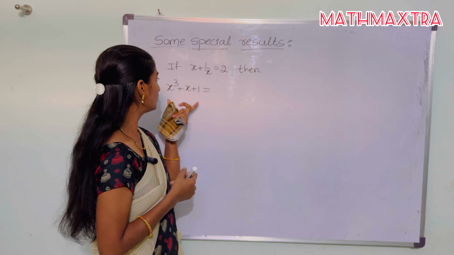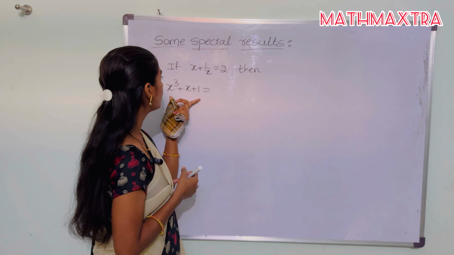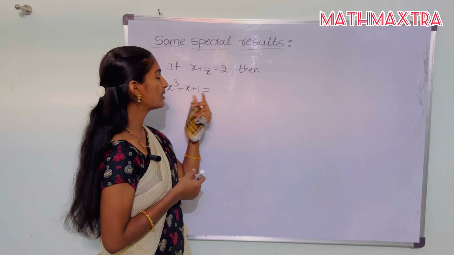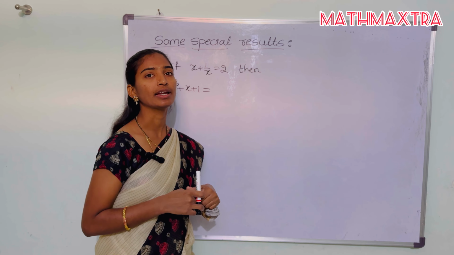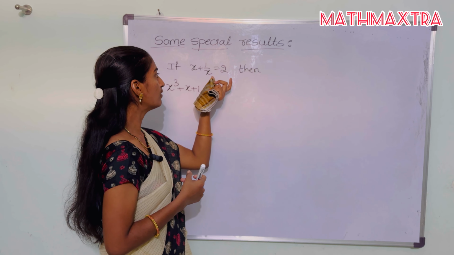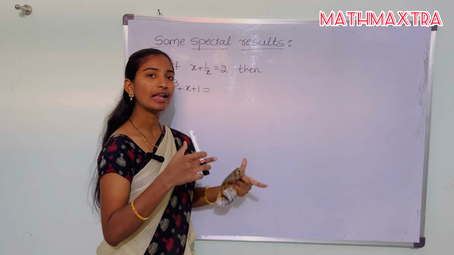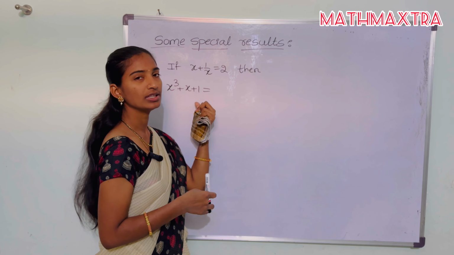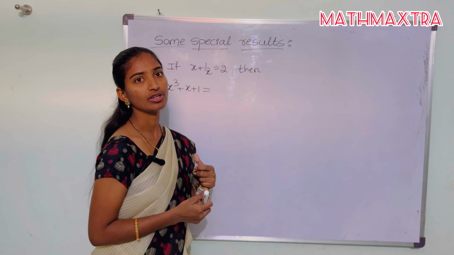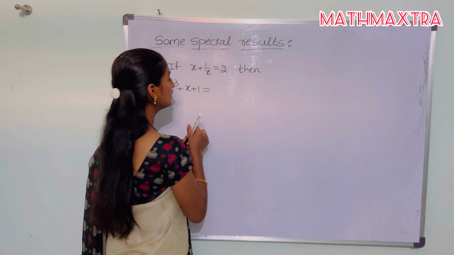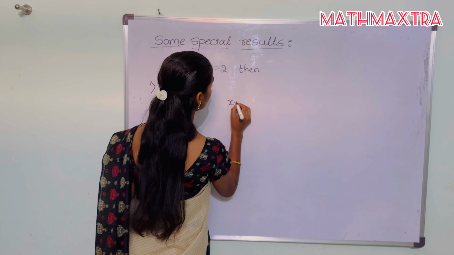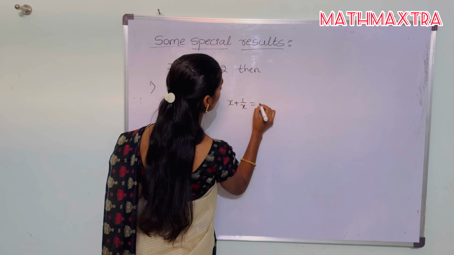So if you want to find out the value of x cube plus x plus 1, then how can we calculate? We have to simplify this, find the value of x, then substitute in this expression, and we will get the answer. So how can we simplify this? This x plus 1 by x is equal to 2.